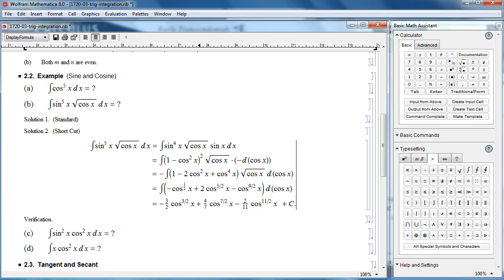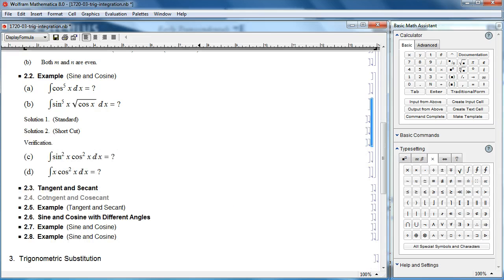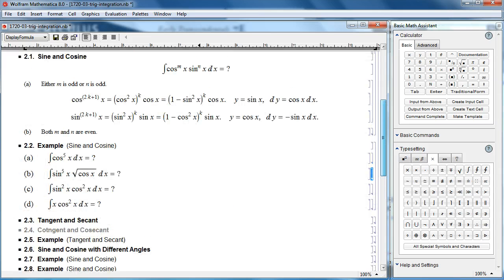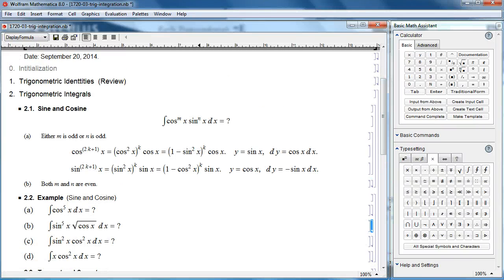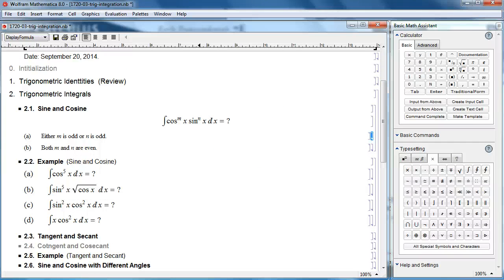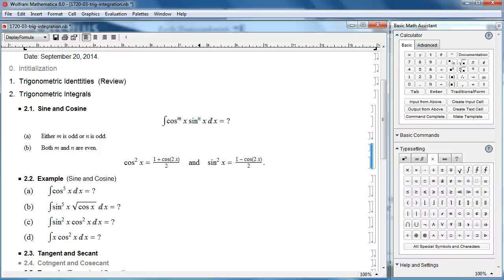Well, let's see. We went through a couple of examples where we have an odd power so that we can substitute y as something else. What if both of them are even? Well, one way to handle that is to use something called a reduction formula, which I'm not going to talk about in this class. If you're interested, go through some exercise problems at the back of our textbook, and there they are.